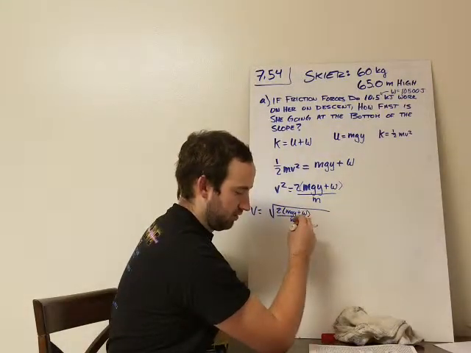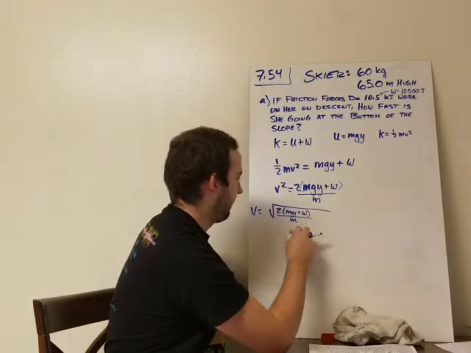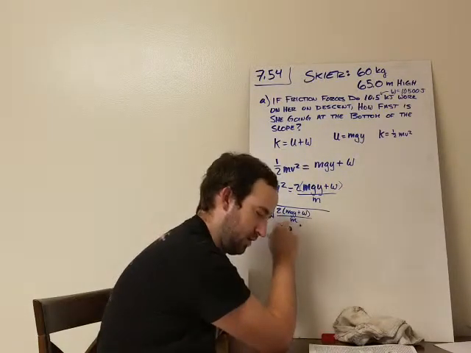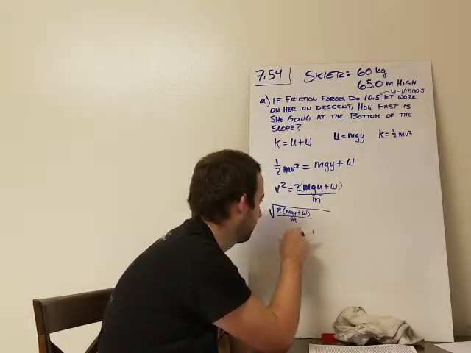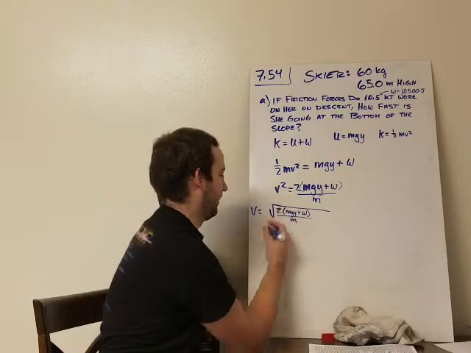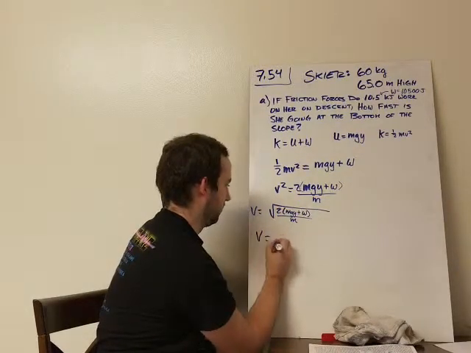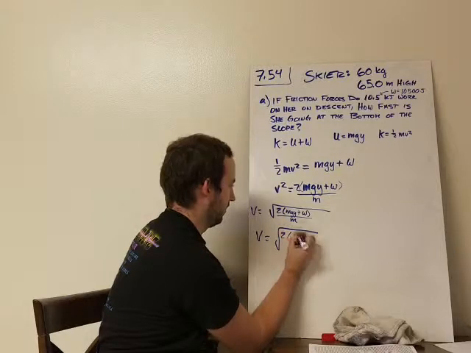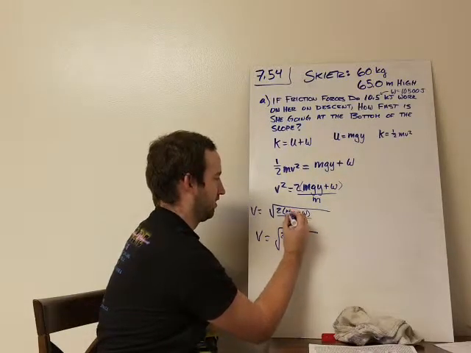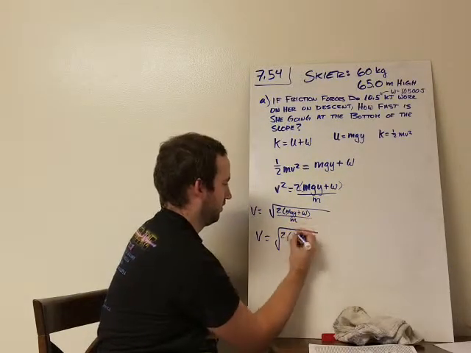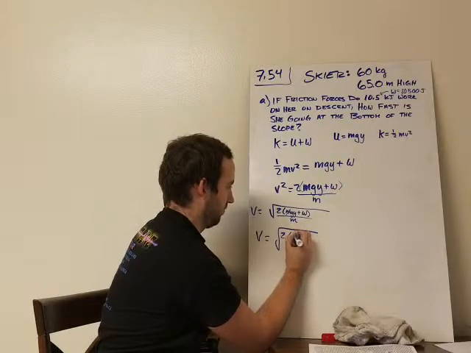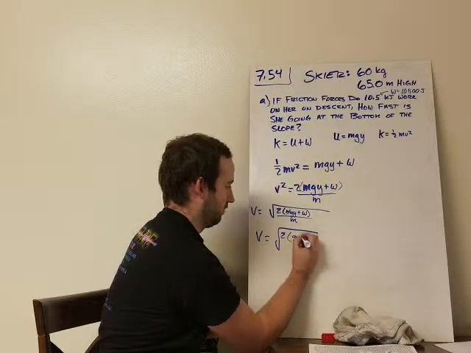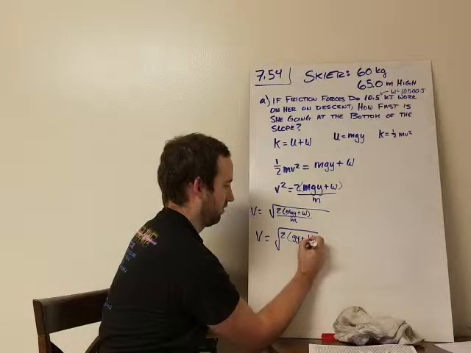I guess we can simplify this a little bit. So v equals square root of 2 times, we can cancel the m, so it'll be gy plus work over mass.